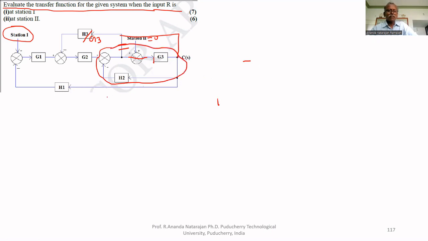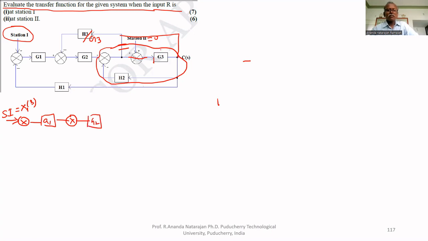So if you simplify this first, what you will get is: the input is station 1, that is equal to X1 of S. Station 1 is X1 of S. Then G1, the summing junction, and this is G2.